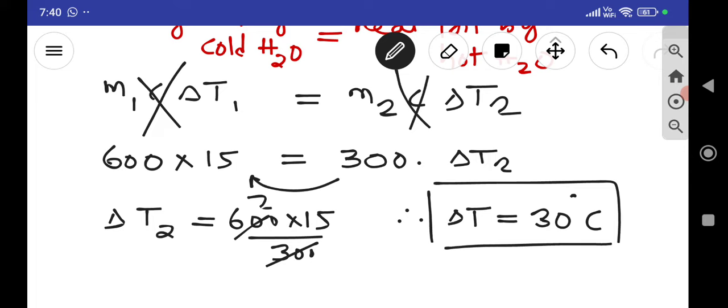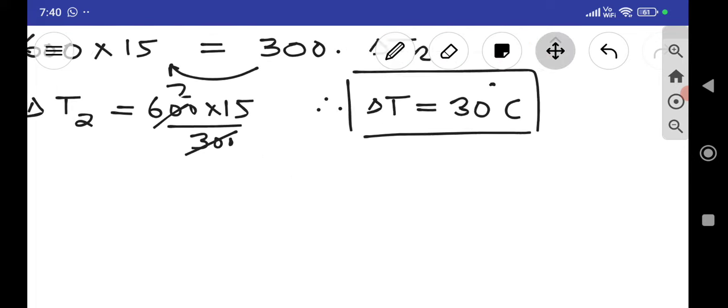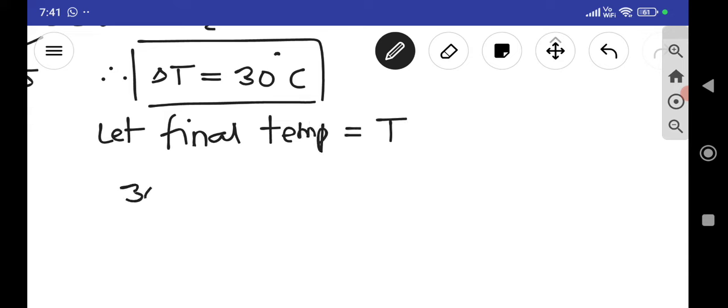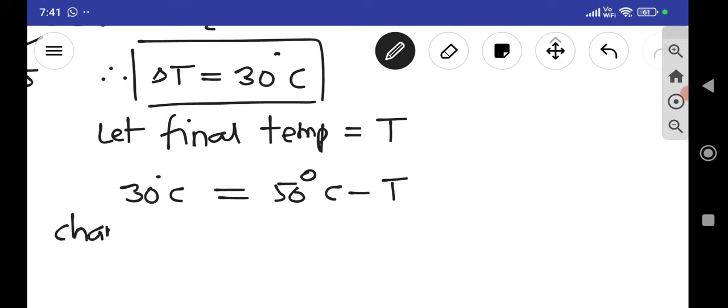Now imagine that the final temperature is T. So you got a change in the temperature. Let the final temperature of the mixture be T. We know that 30 degrees is equal to 50 minus T. This is the change in temperature.